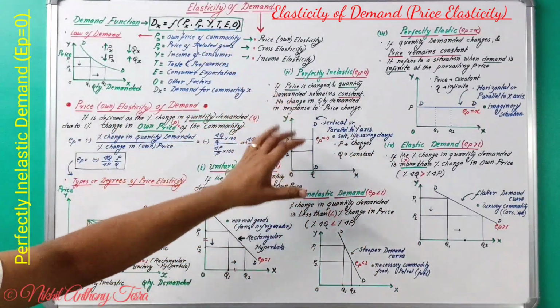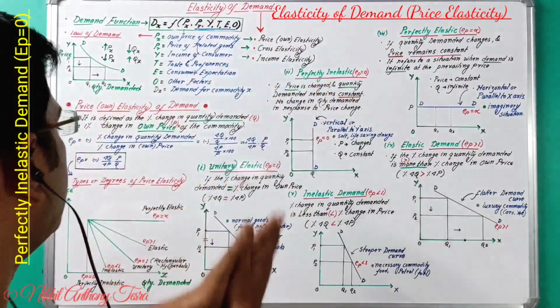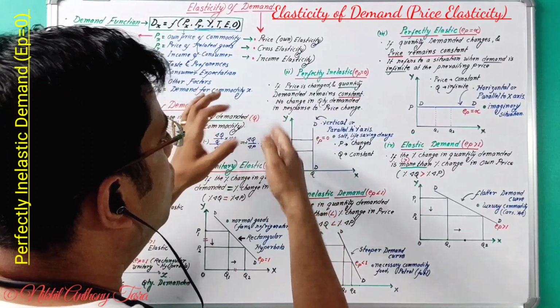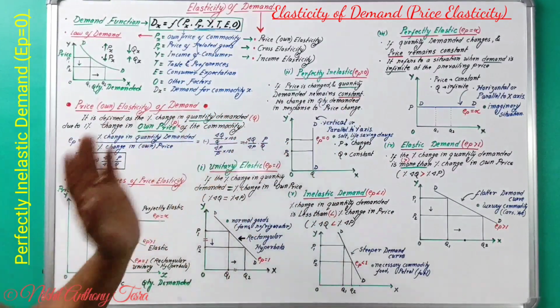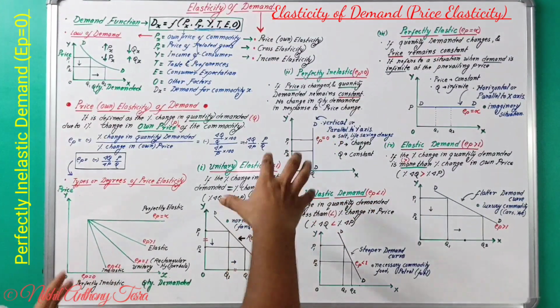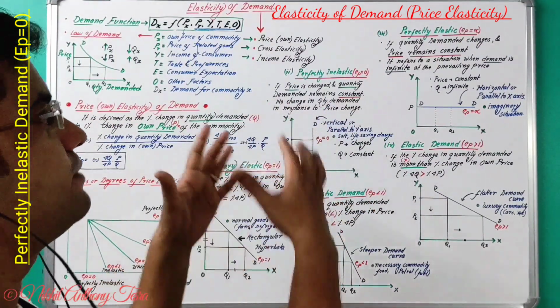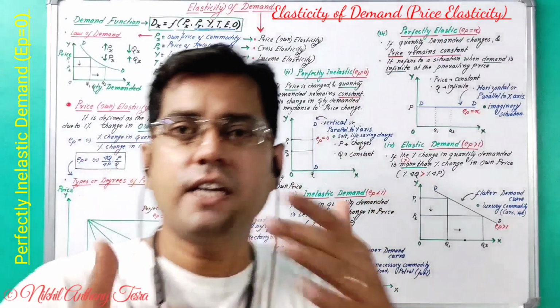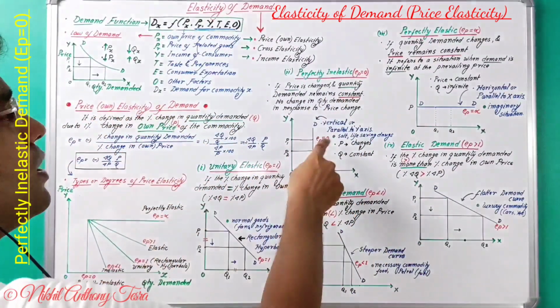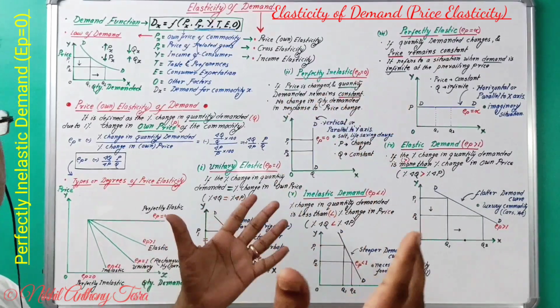So friends, it's very clear. In case of perfectly inelastic, EP equals to 0, DD is the demand curve, which is vertical, or parallel to the y-axis, where price changes but quantity demanded remains fixed. The examples are salt and life-saving drugs, where the price changes, but we need to buy them irrespective of the price change.